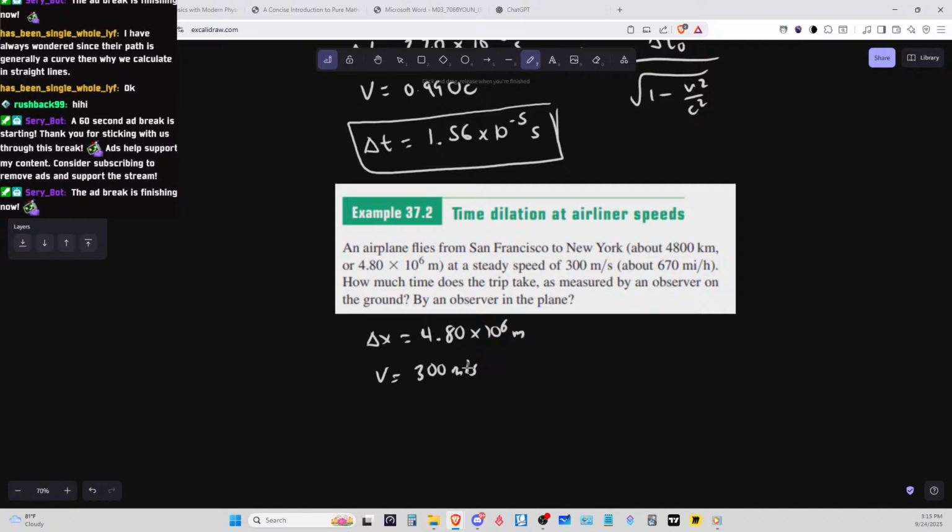Okay. So for the observer on the ground, their time would be this. We also have the proper time, which is up here from the person in the plane, with v squared.